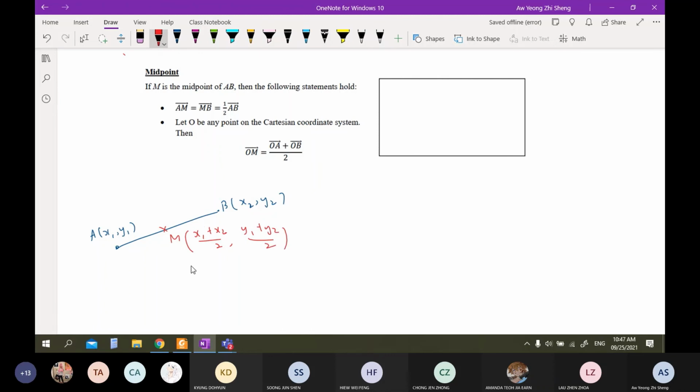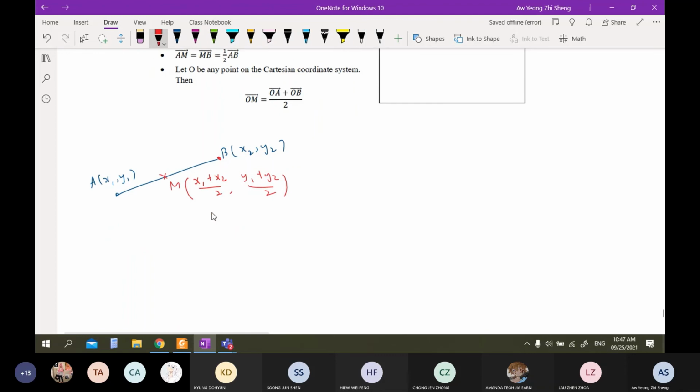Now I will just give you the result first, and you will see that the form of the result for vectors is very similar to the coordinate formula. The formula is this: OM equals OA plus OB divided by 2. If you look at the form of it, it is something divided by 2.